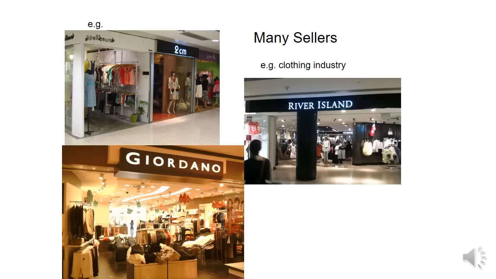You have boutique small sellers to big companies, and they still belong to monopolistic competition. So when you're trying to locate whether an industry fits into your project firm or not, think about whether there are many other sellers selling the same product. As long as there are many sellers, even though the seller can be quite large, it still belongs to monocom.